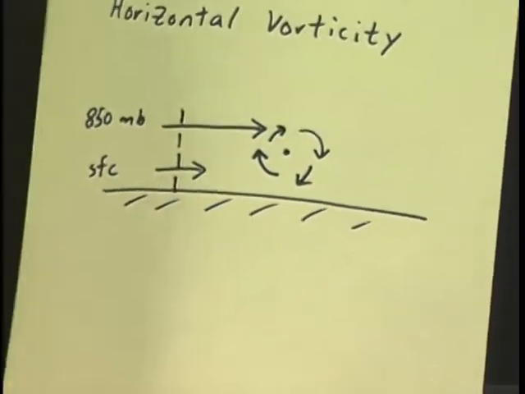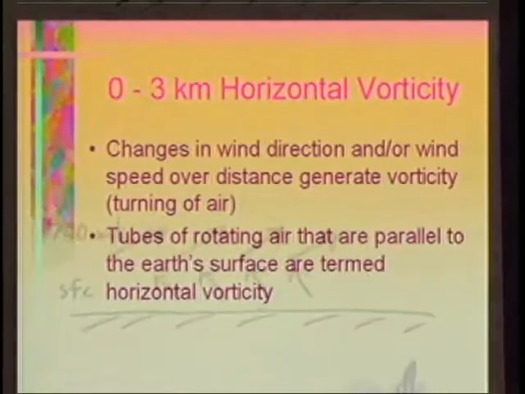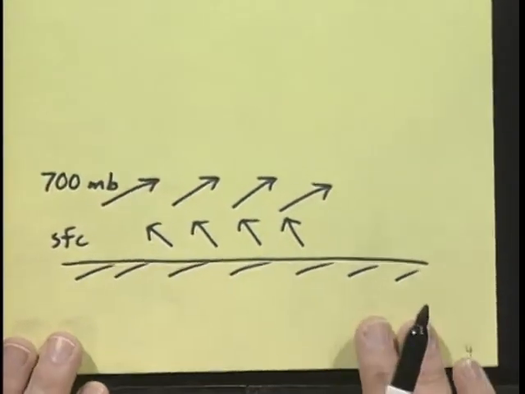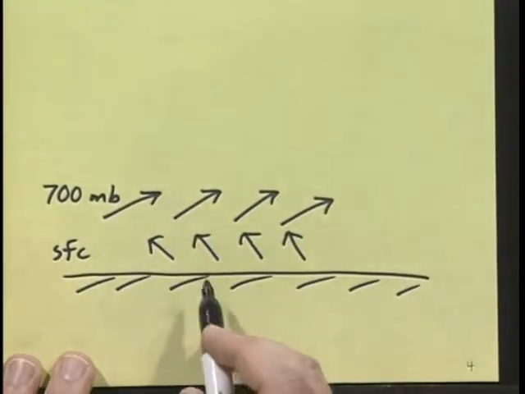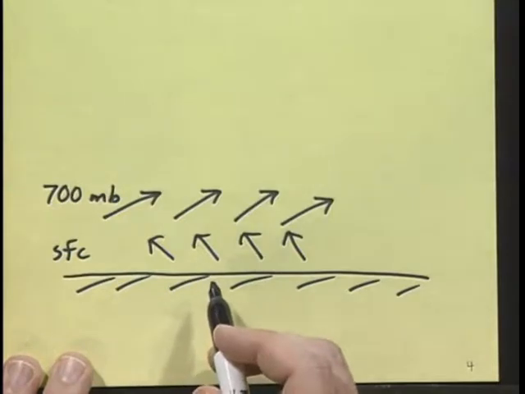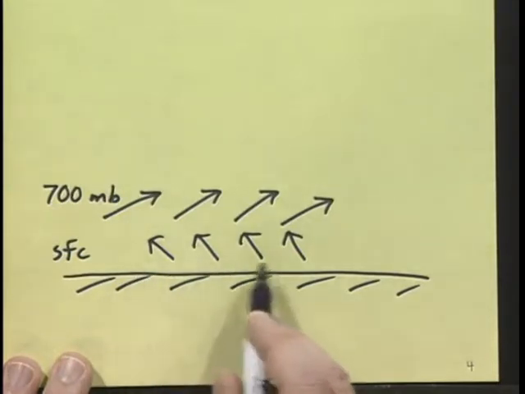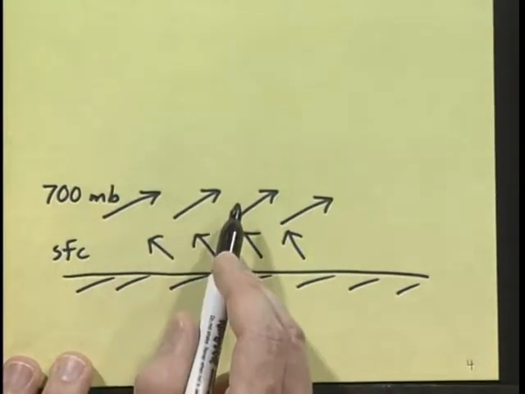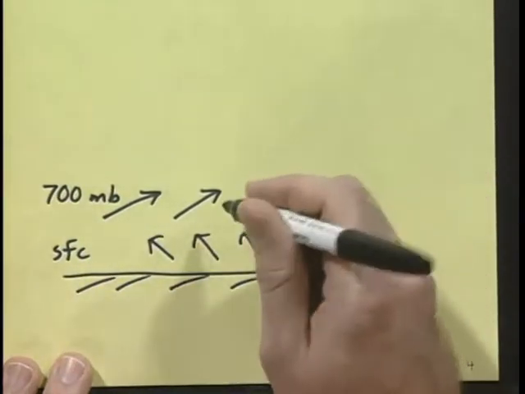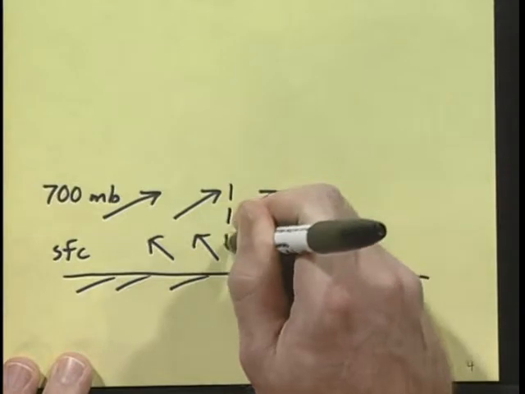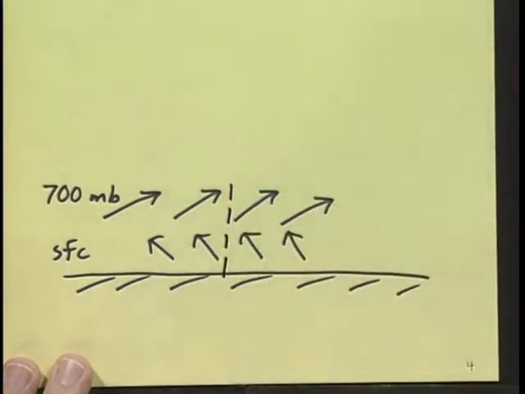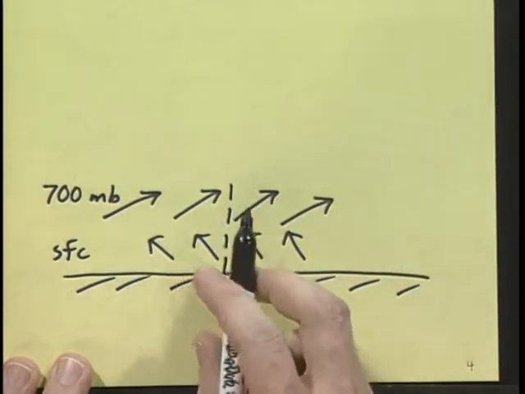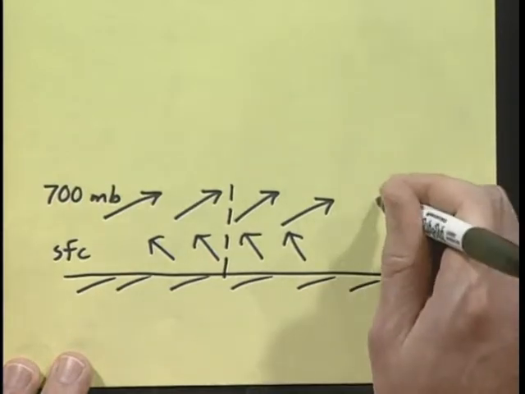Horizontal vorticity can also be generated with a wind direction change with height. So here we have winds that are coming from the southeast near the surface, and then up at 700 millibars, they're coming out of the southwest. So again, if we draw a line segment in there within that wind flow, it is going to be twisted over time.